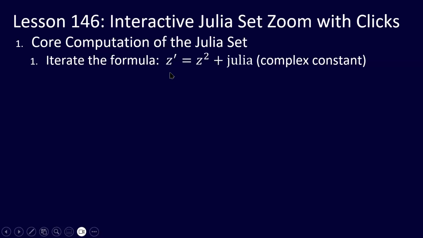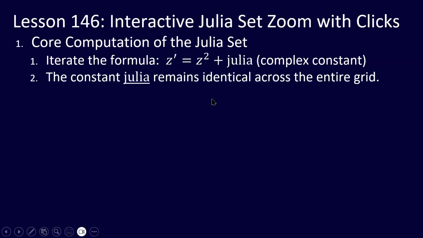Iterate the formula z prime equals z squared plus Julia, where Julia is the initial complex constant. So instead of adding c, the starting point, we add a complex constant which is initially given, and which is the same across the entire grid.